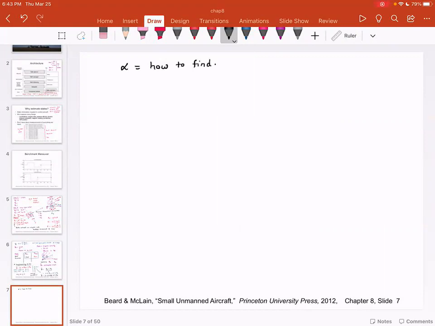Now, one thing that I can do is let me write this expression down. Theta is equal to 1 minus alpha theta A plus alpha theta G. So this is the angle from accelerometer, and this is gyro angle.